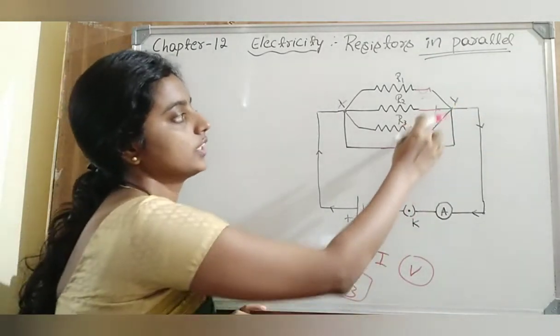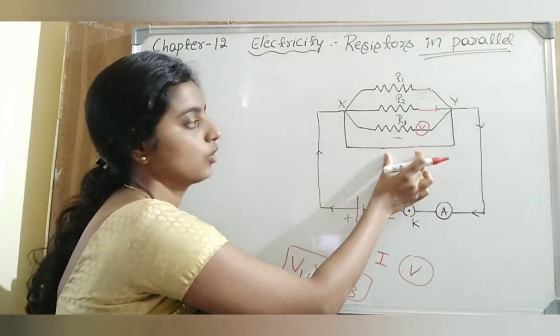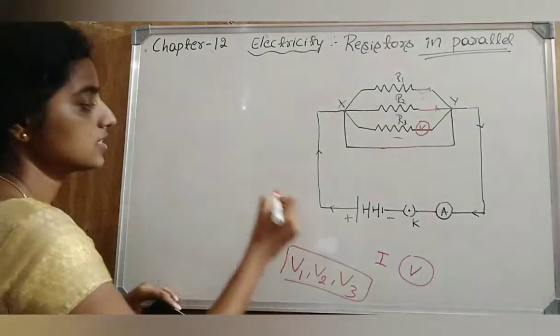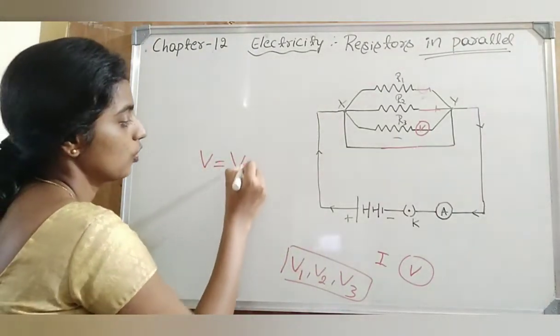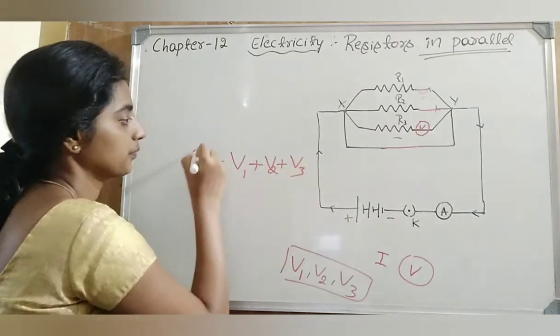At that point we can write V is equal to V1 plus V2 plus V3.